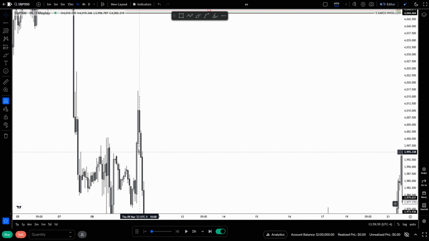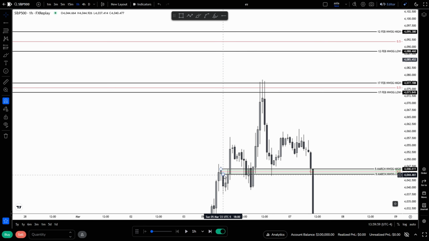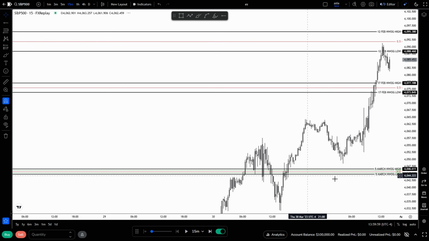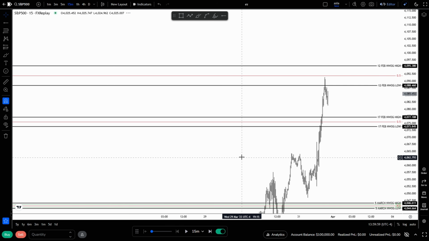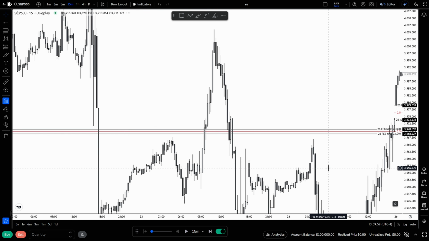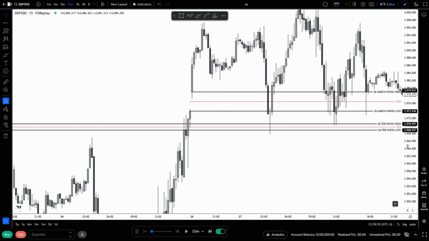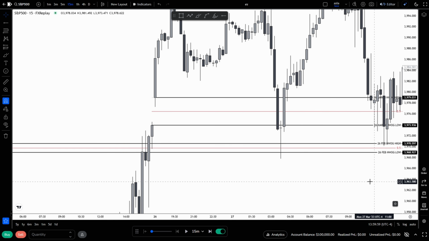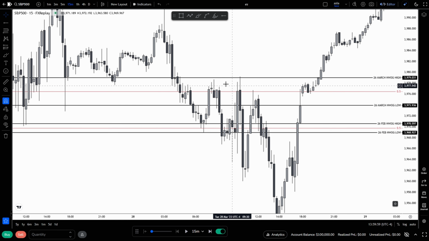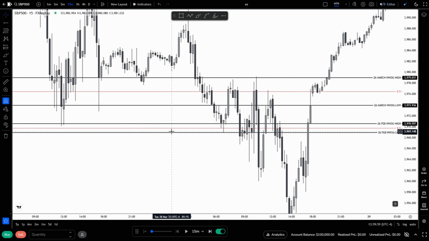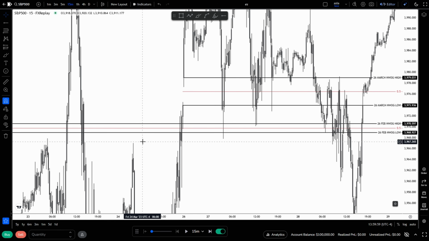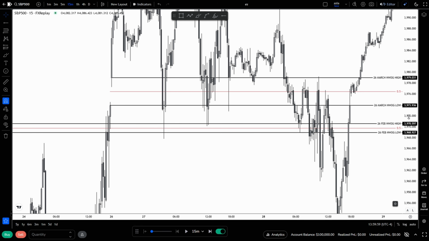Then when the market opens on Sunday, you mark the opening price, measure the gap, mark the midpoint, and you're done. You save that as a template, and now every time you load your chart, you already have a structured view of how price is interacting with fair value across multiple weeks. And once you start paying attention to how price reacts around these levels, the market will start to look a lot less random and a lot more structured.